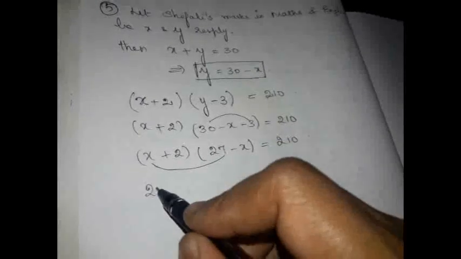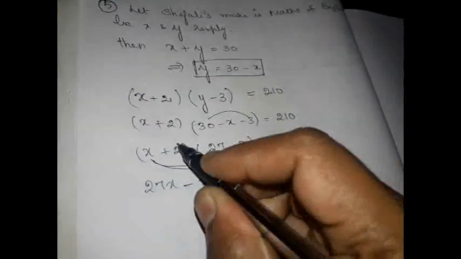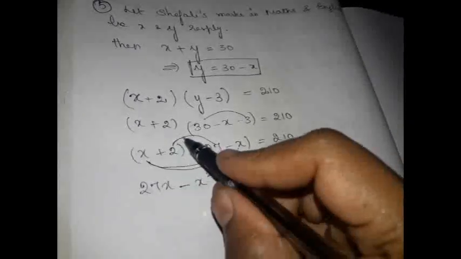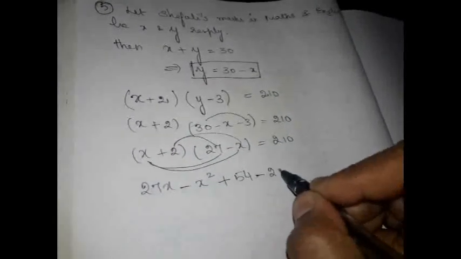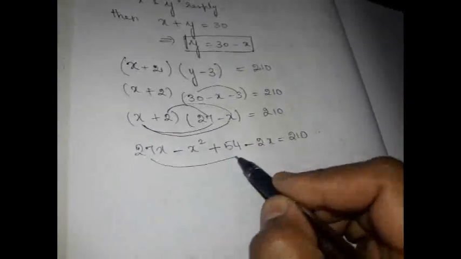So it will become 27x, plus into minus is minus x square, plus 27 into 2 is 54, then plus into minus is minus 2x, which is equal to 210. Right? Now add the like terms, 27 minus 2.